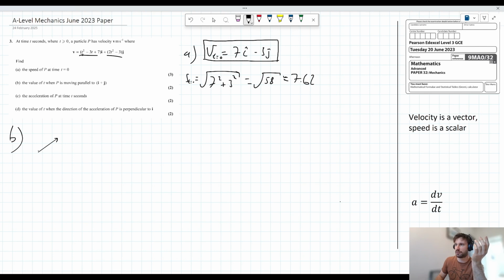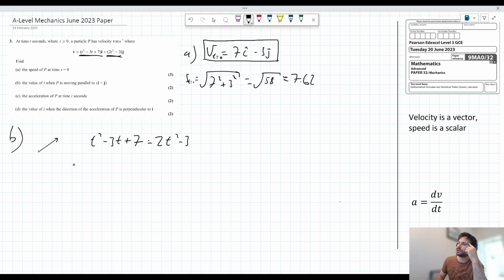Since at that point this is equal to this, let's just write that out. We can say here that t squared minus 3t plus 7 is equal to 2t squared minus 3. You'll note this is a solvable quadratic equation.